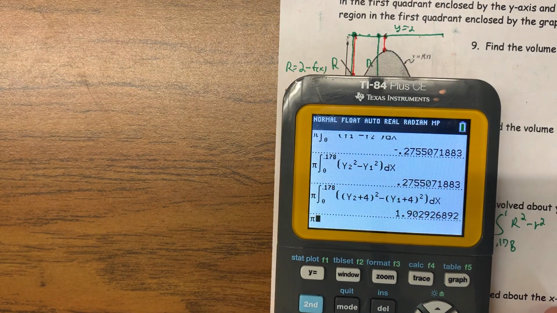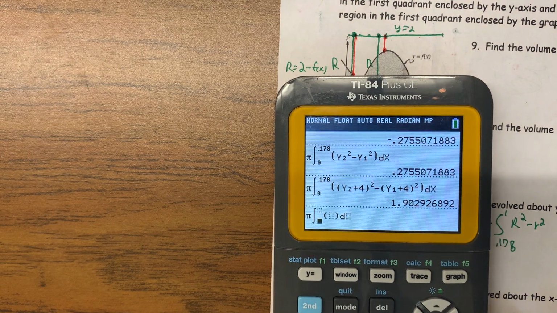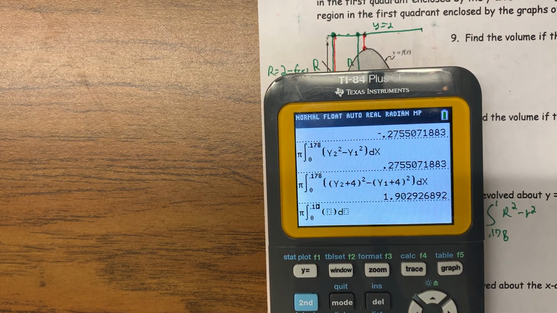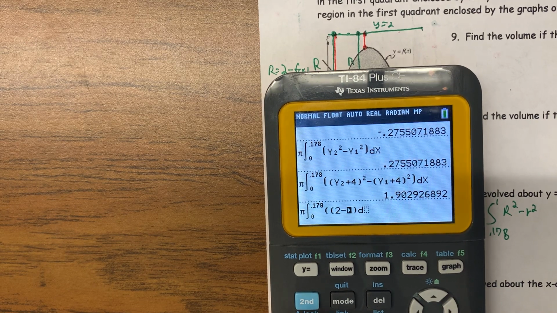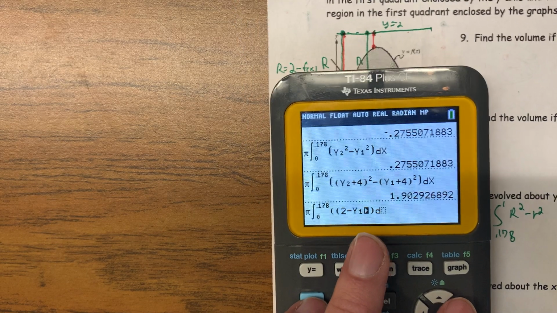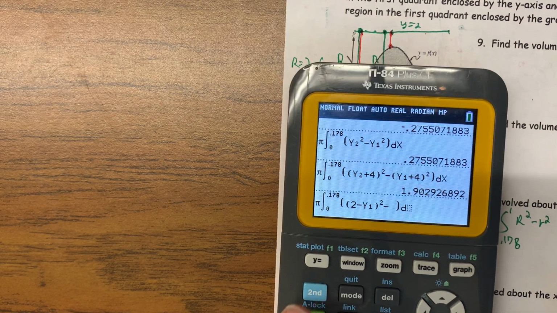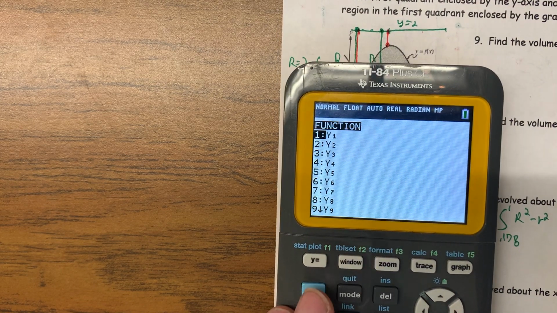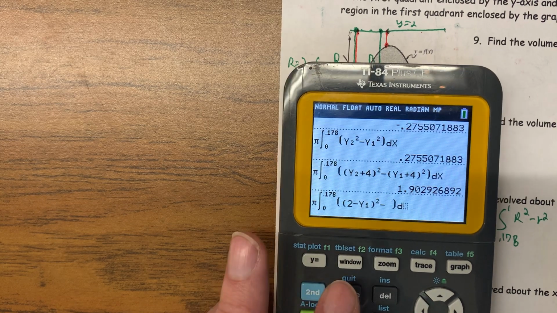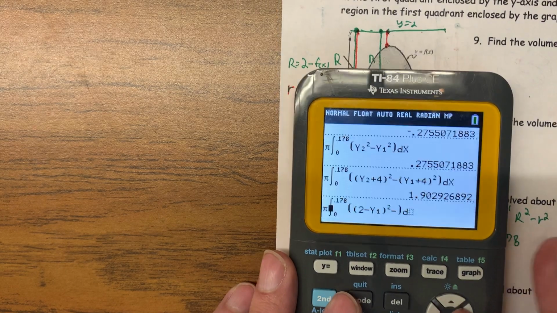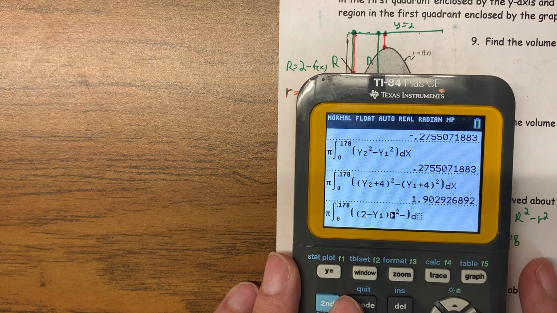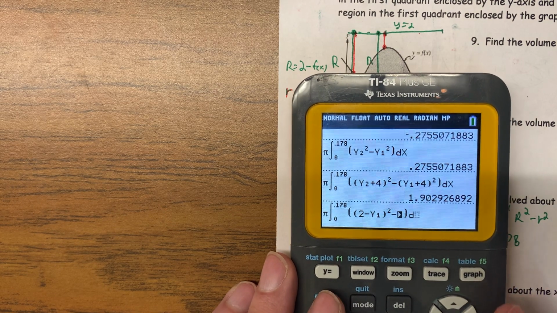I'll just type it again, pi math 9, 0 to 0.178 of 2 minus y1, I believe. But I'm not even paying too much attention to it, because even if I forgot to put parentheses, or even if I put the wrong one on top, it'll just come out negative.